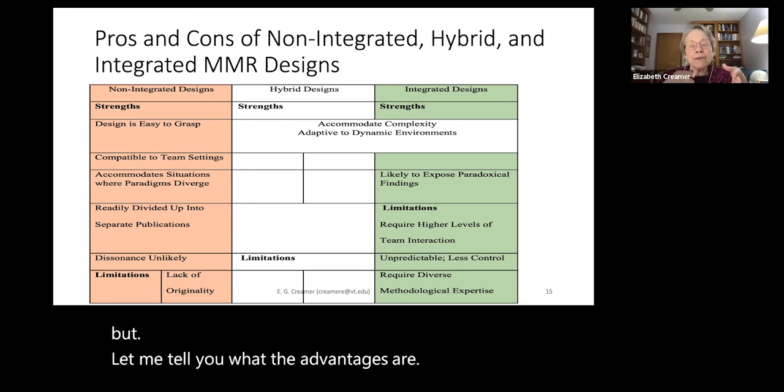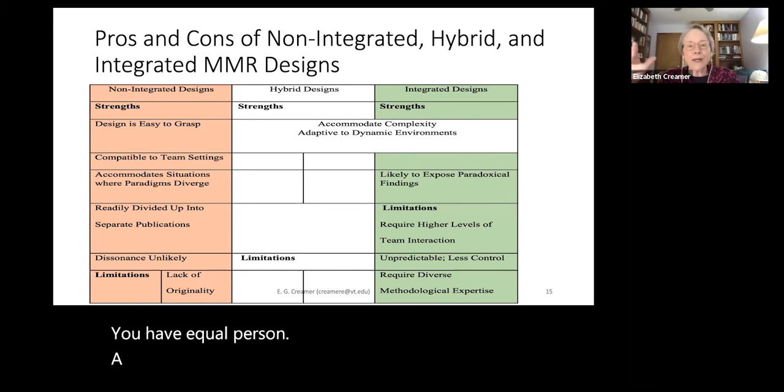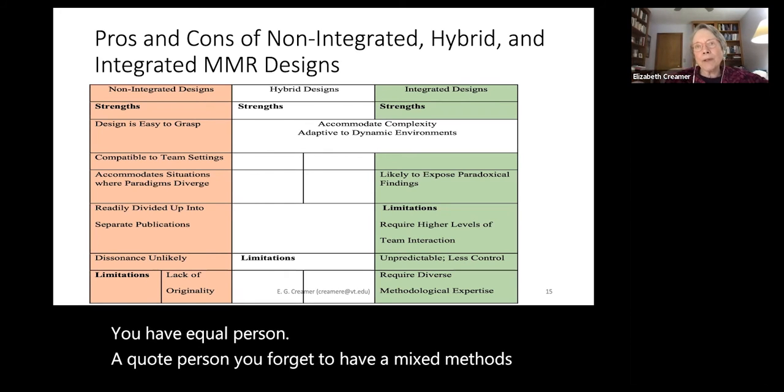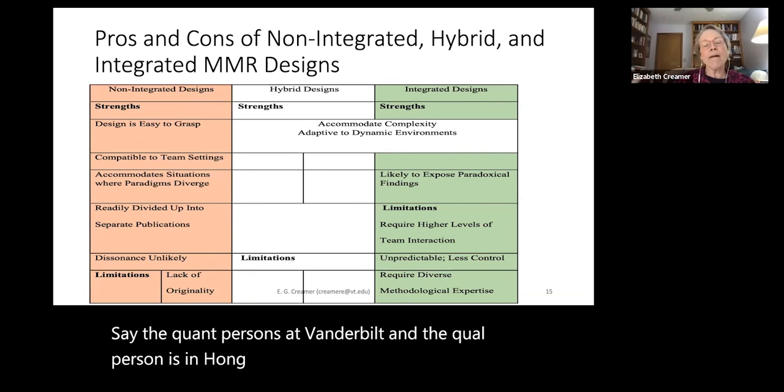This is a common team approach. To construct a team, you have a qual person, a quant person, you forget to have a mixed methods person. Let's say the quant person's at Vanderbilt and the qual person is in Hong Kong. You don't meet very often.